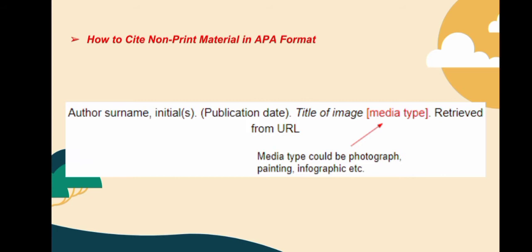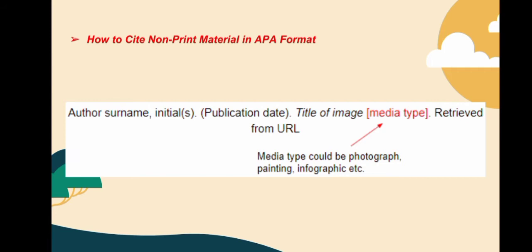We have the author surname, initials, the publication date, the title of the image, and the media type. It might depend on the kind of image you are going to present. It could be a photograph of your property, a painting, an infographic, etc. And then we add the retrieved information, which is the URL.